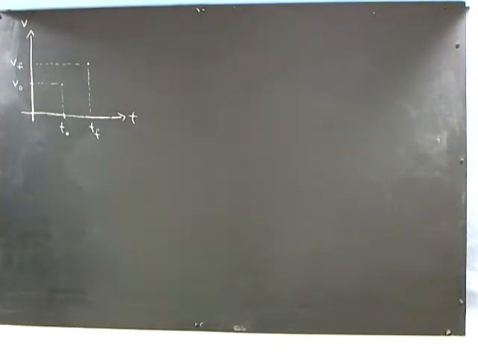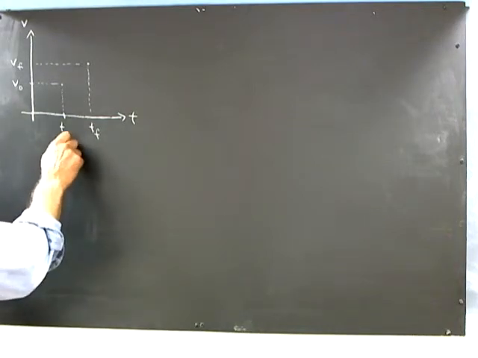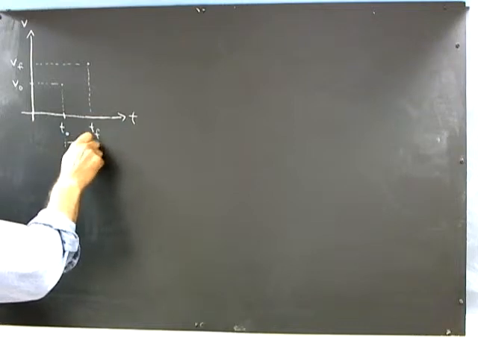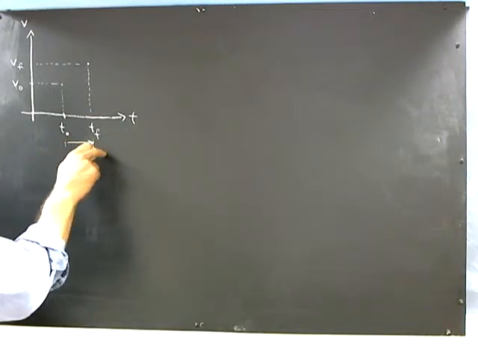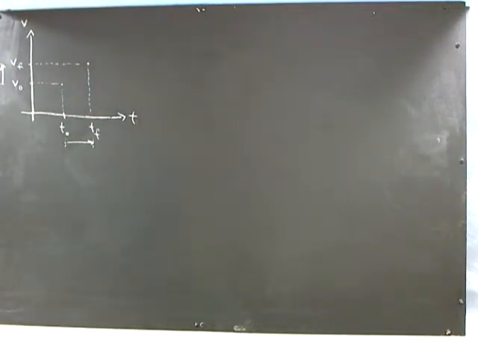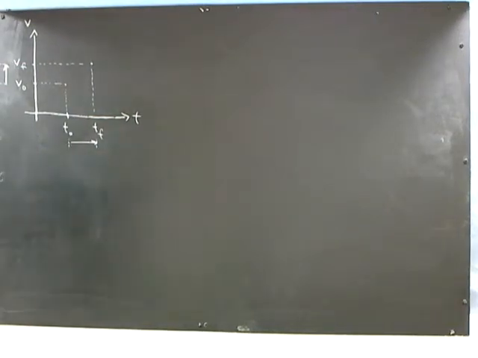The change in t could be represented by an arrow from here to here, and the change in v could be represented by an arrow from here to here. Let me make sure we got that arrow. I think we got it, but just in case, I'm going to cheat a little bit.